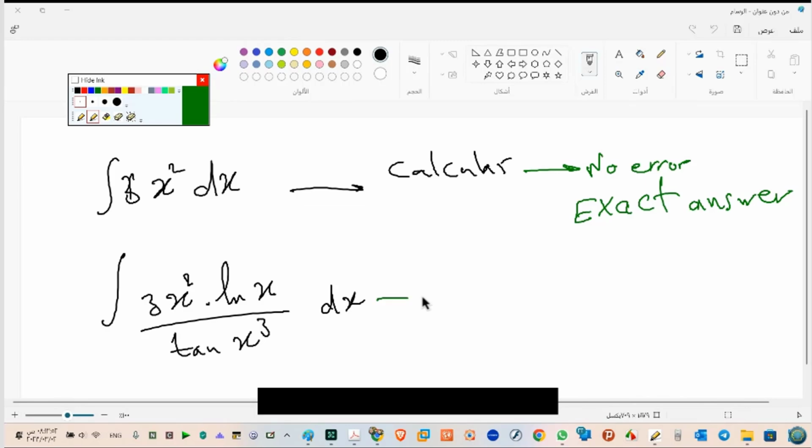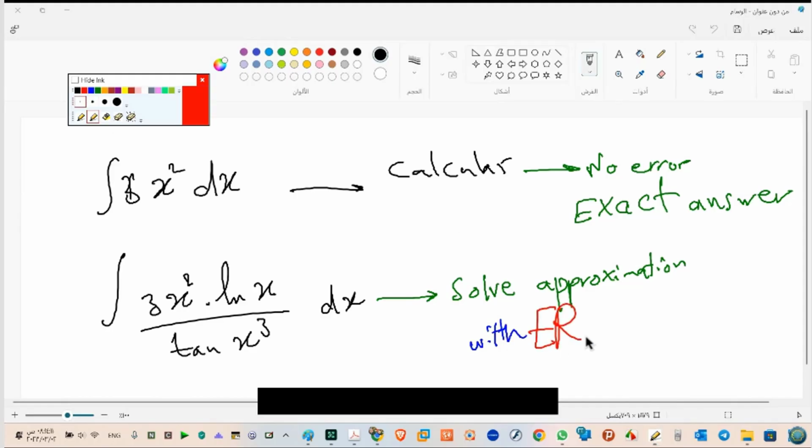Here I will solve as approximation, and here we are with error. So here, no error in our method.